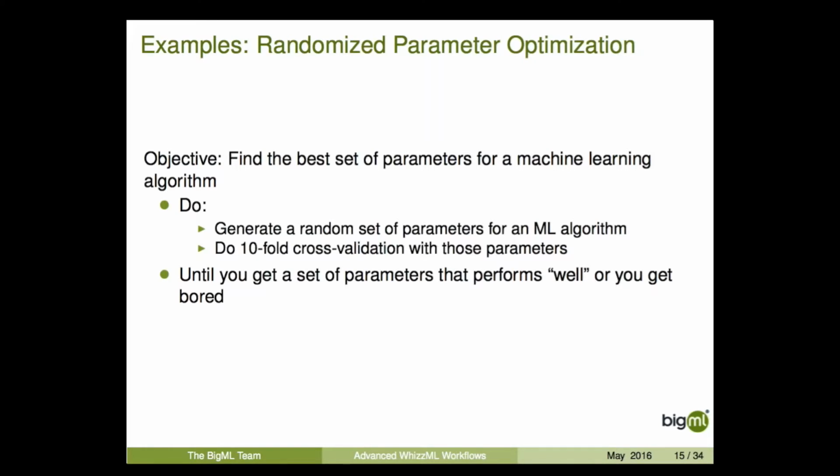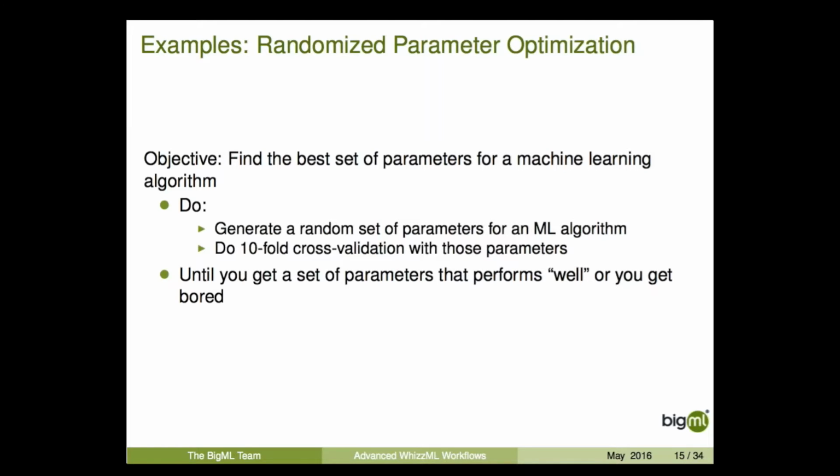Just randomize the values of all the parameters, do this a whole bunch of times, train hundreds and hundreds of models, and then do tenfold cross-validation with each set of parameters that you've chosen. In this way, you're able to essentially throw stuff at the wall until something sticks, and finally you just choose the best random candidate that you found according to your cross validations.